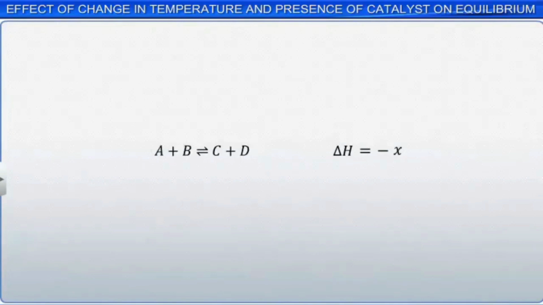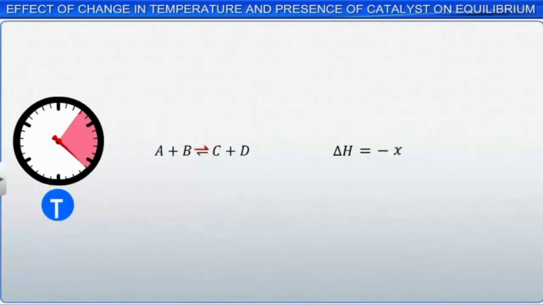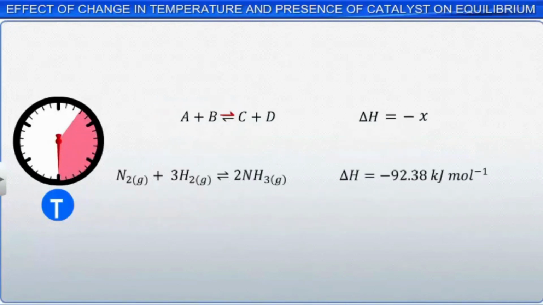In general, equilibria in which the forward reaction is exothermic, that is, where the enthalpy change is negative, have equilibrium constants that decrease with an increase in temperature. For example, consider the gas phase reaction of nitrogen and hydrogen combining to give ammonia.